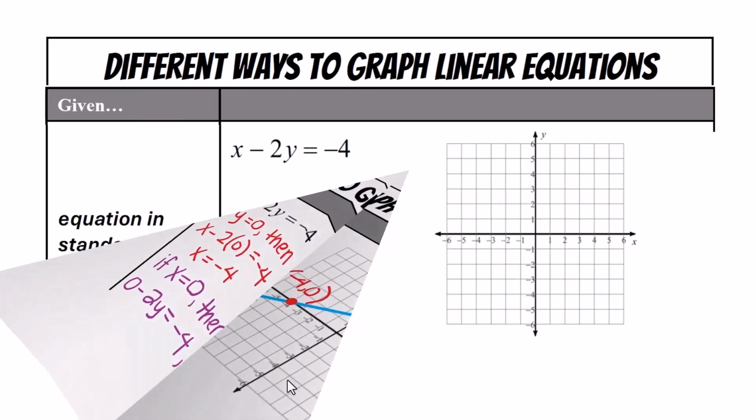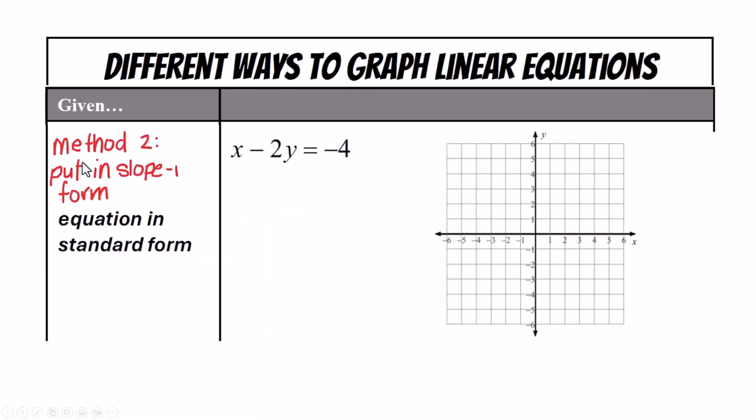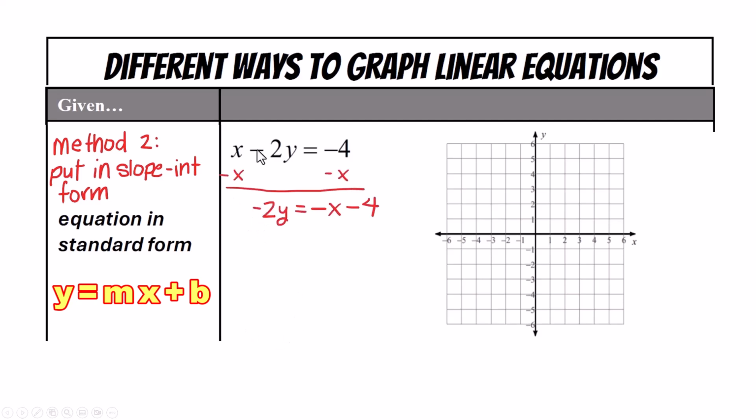Now, the other way to do that would be to put this equation that's in standard form into slope-intercept form, which is y equals mx plus b, which means you need to solve for y. So let's subtract x from both sides first. And you end up with -2y equals -x minus 4. Minus 4 minus x would be correct too, but I'm putting it in slope-intercept form and the x part comes first.